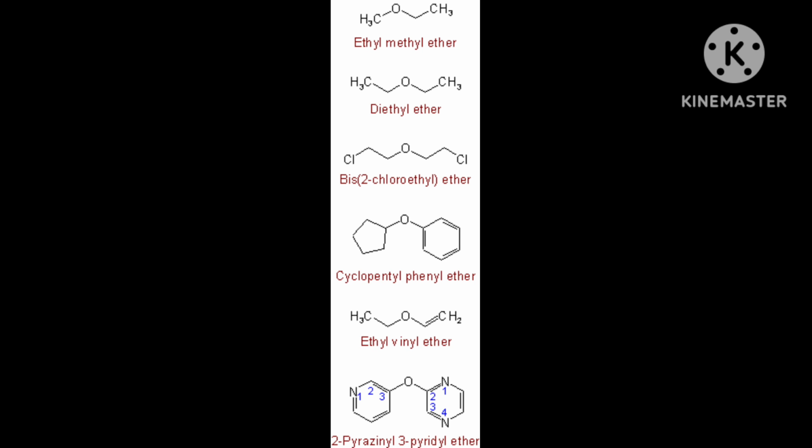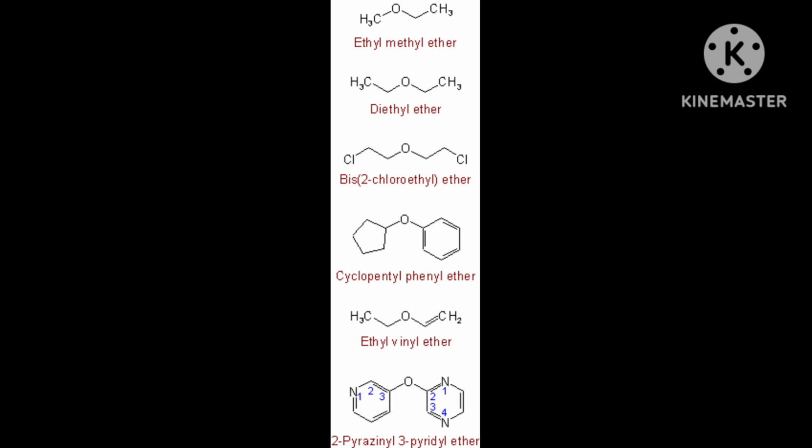One side phenyl group, other side isopentyl. Then phenyl isopentyl ether. Okay, and what will be the IUPAC name? Then 3-methyl butoxybenzene. Now you can see that with the phenyl group, at carbon number 3 a methyl group is attached, that's why 3-methyl. Because there were 5 carbons, one is at a branch.